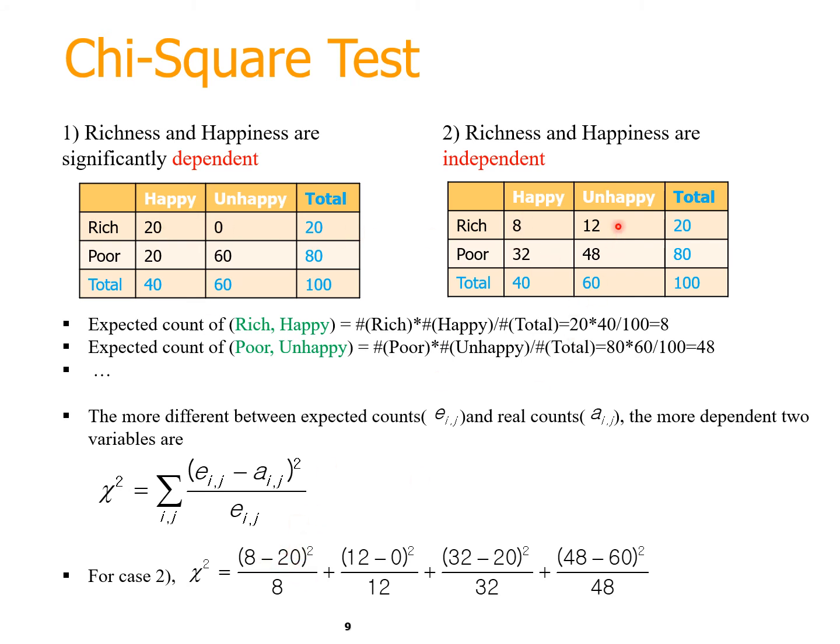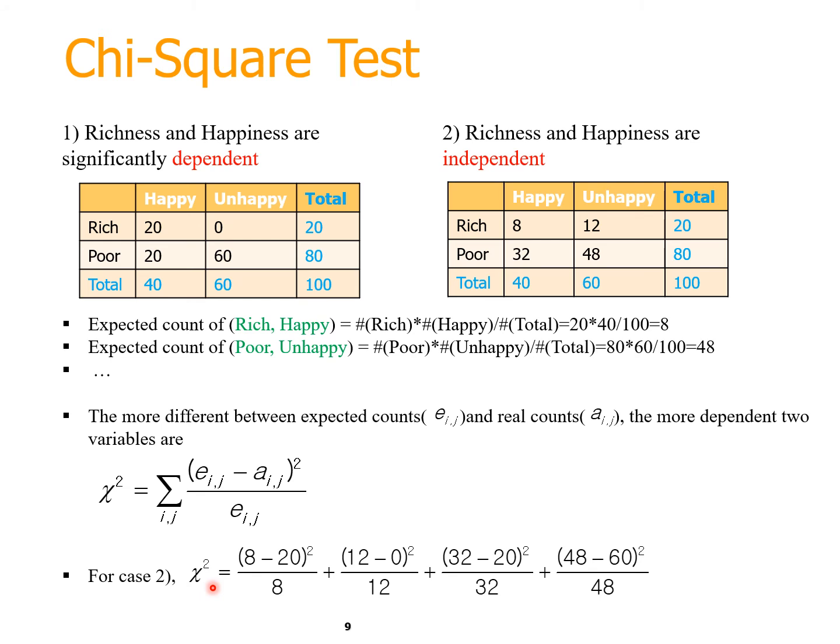Here, expected count is 12, and the actual count is 0. Here, expected count is 32, and the actual count is 20. And the expected is 48, and the actual is 60. Each term is divided by the expected count, and you do summation. This is the final chi-square value.